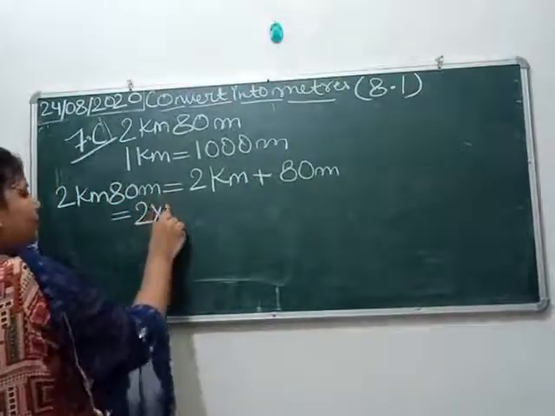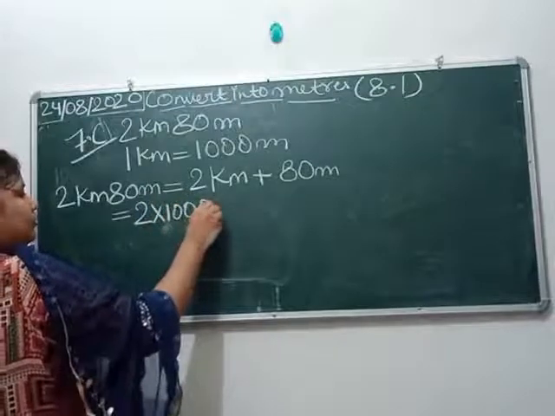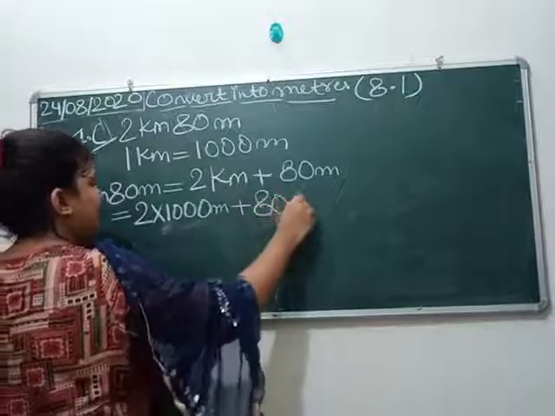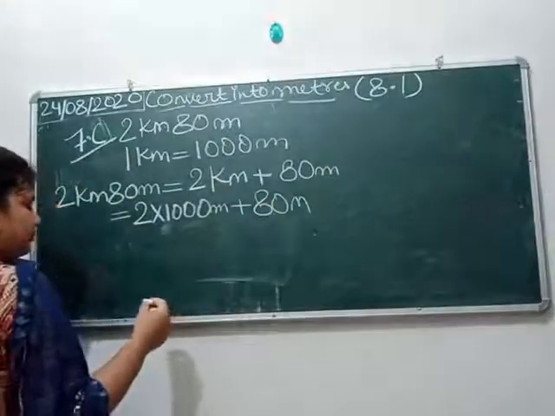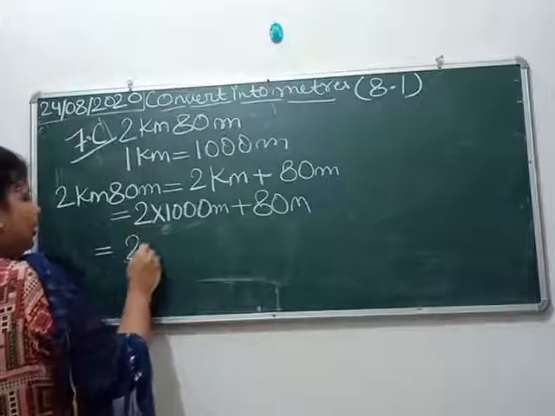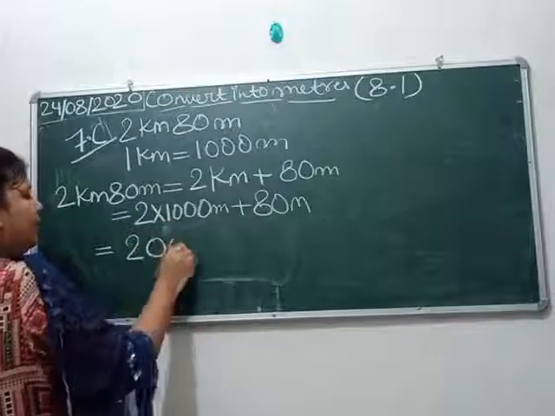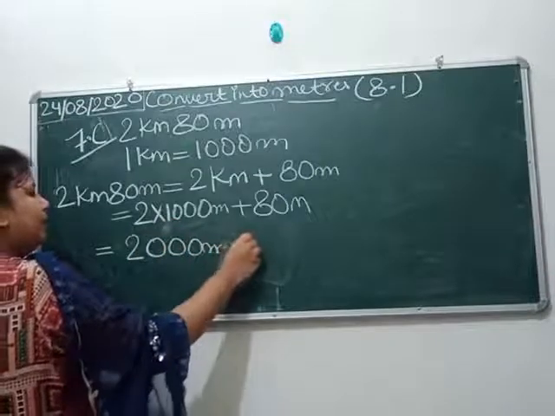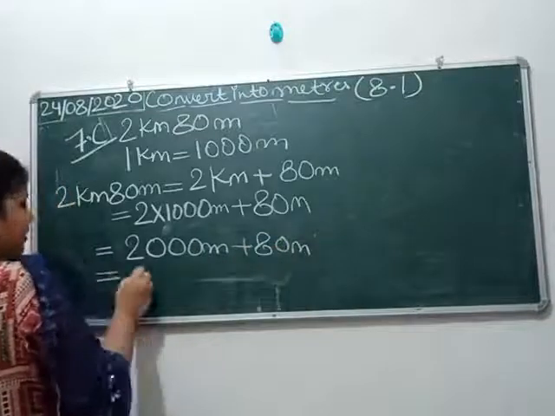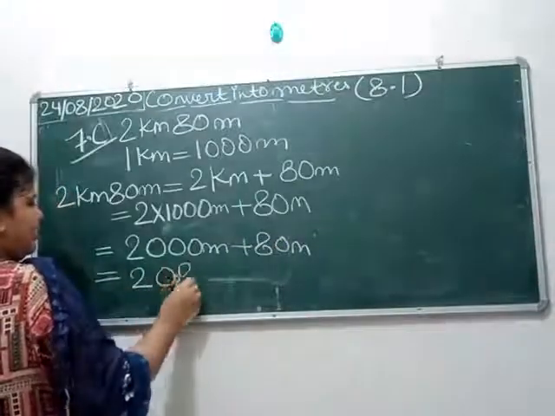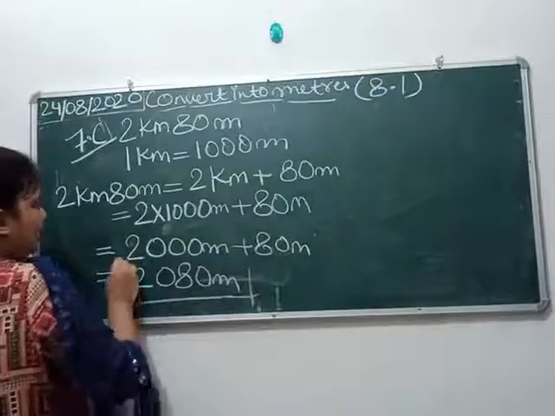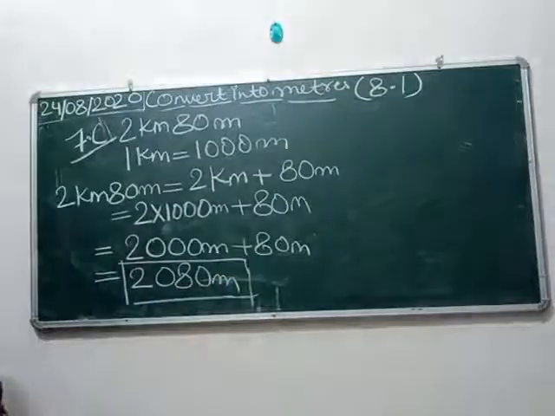So 2 into 1000 meters plus 80 meter equals to 2 into 1000 meter will become 2000 meters plus 80 meter, and it will give us 2080 meters. Okay, note it down.